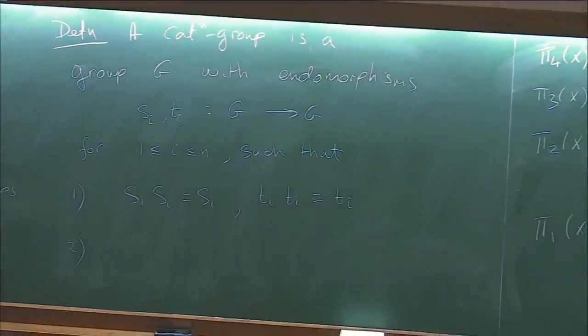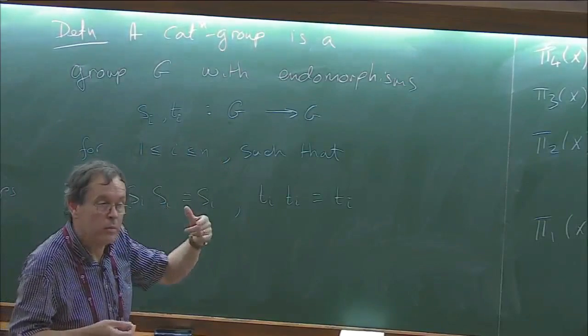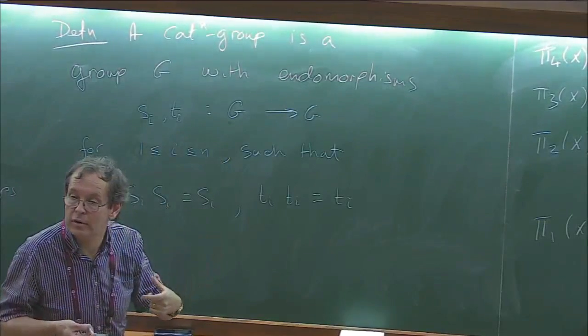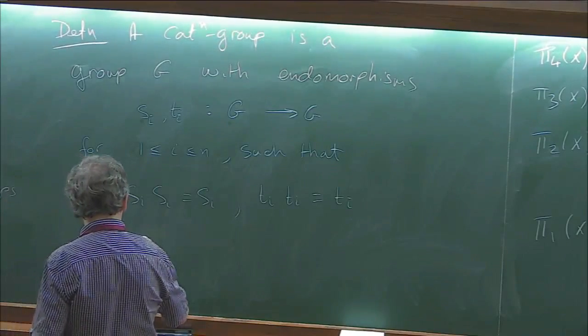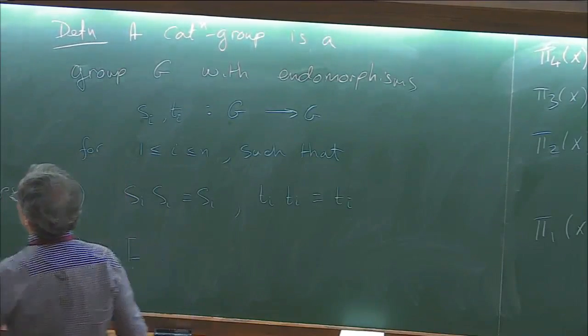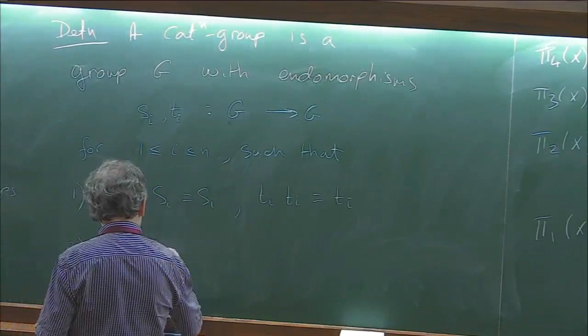A category structure is a partial composition. So it means that for certain pairs of elements, I have to be able to compose them, and that composition has to satisfy the axioms of a category. And it gets kind of messy, but Loday rather cleverly formulated it purely group theoretically as follows. The required category structure can be defined if and only if the following holds.